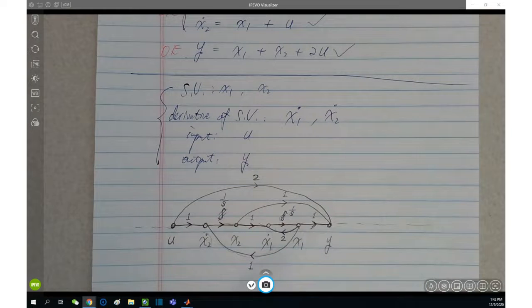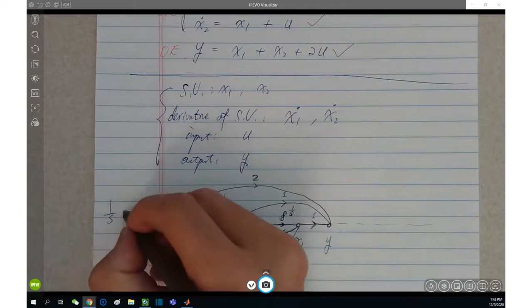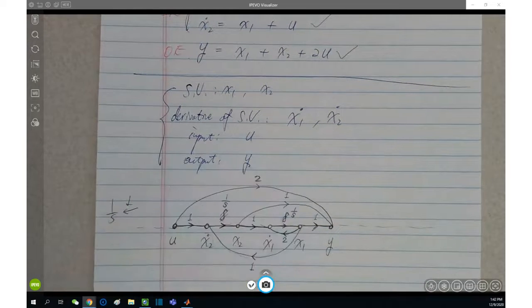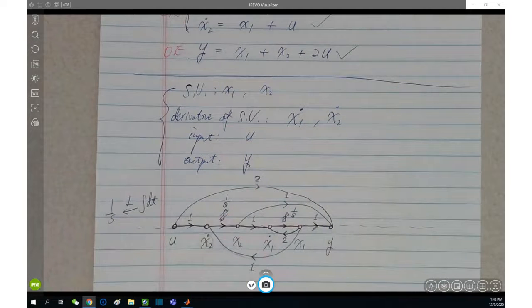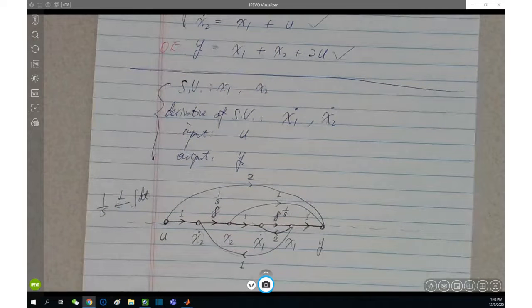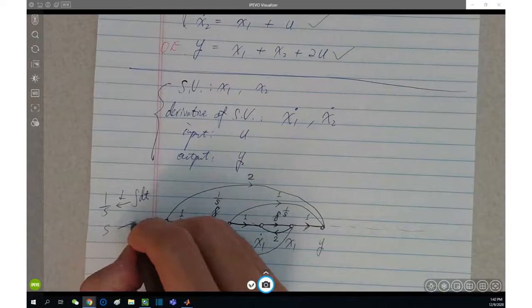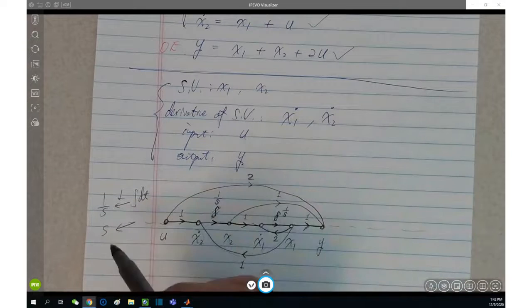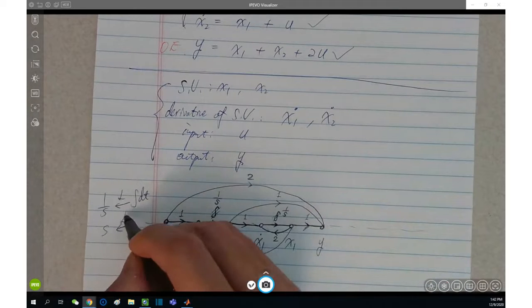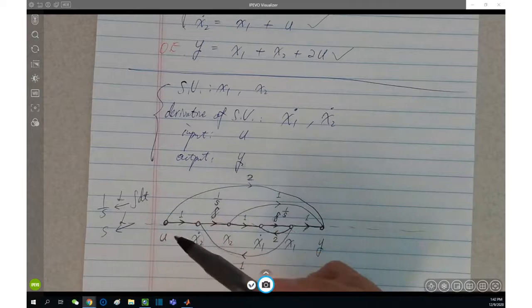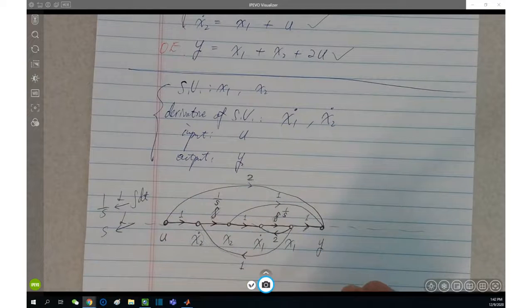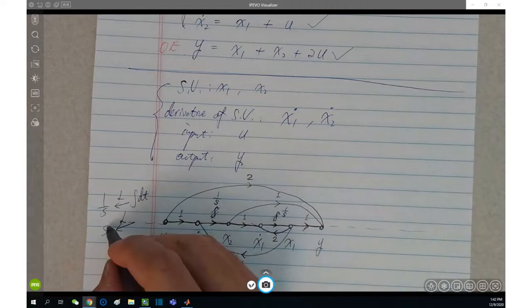1 over s is what? 1 over s is the Laplace transform result of integral. Does it make sense? What is the Laplace transform result for s? The Laplace transform result is s.